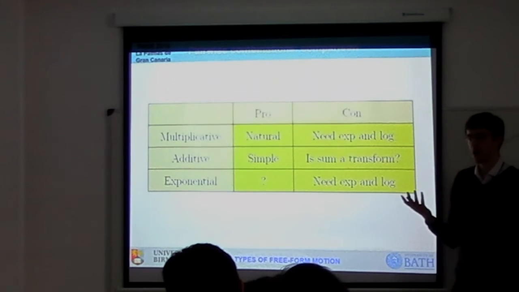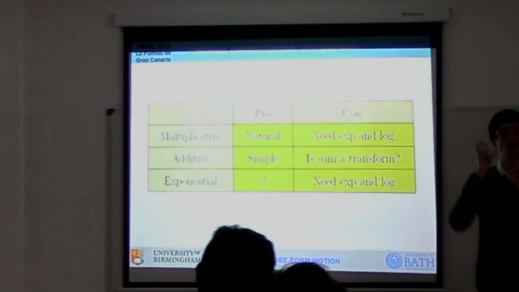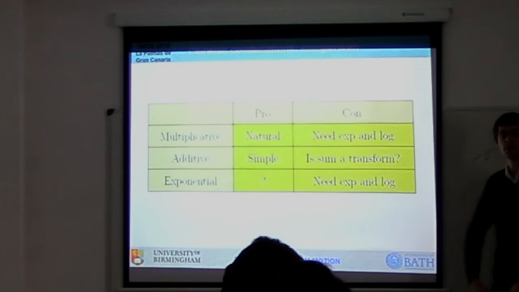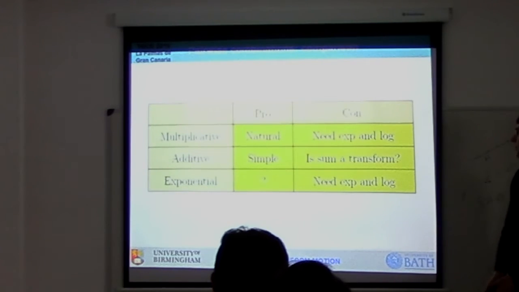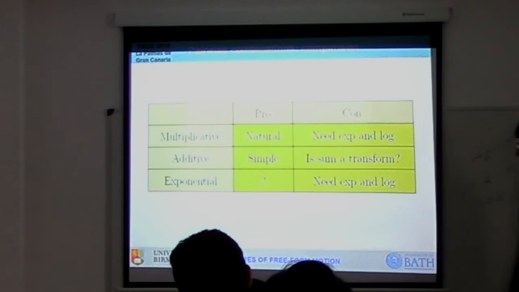The multiplicative one perhaps seems the most natural, because every step of the way we're providing the same transform, but it's quite difficult to implement on a computer or generate the expressions, because it requires exponential and logarithm functions. Things don't commute, it gets rather ugly.